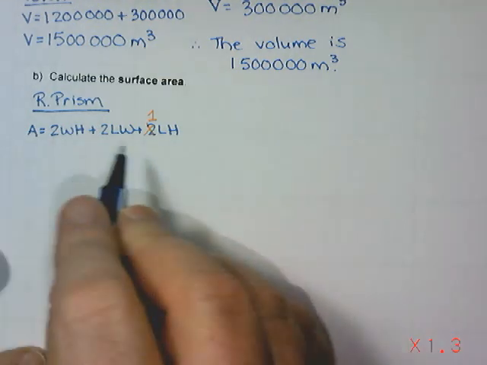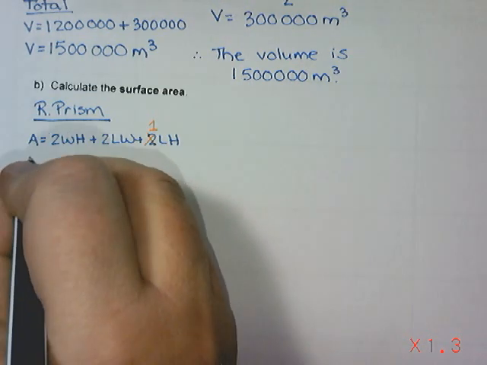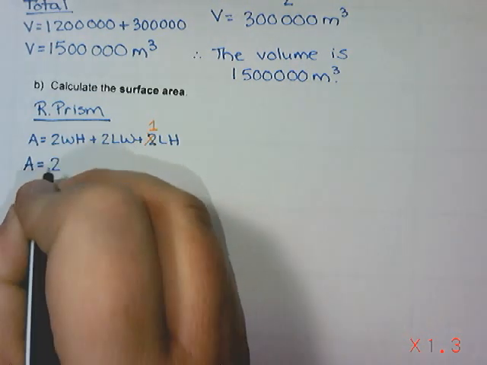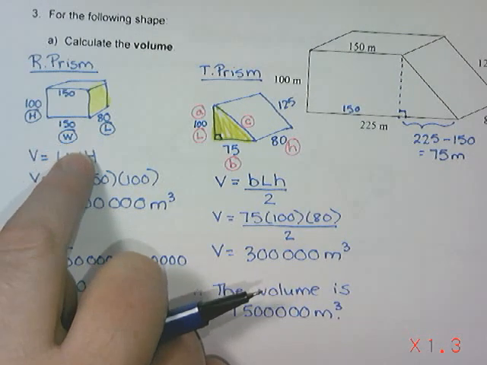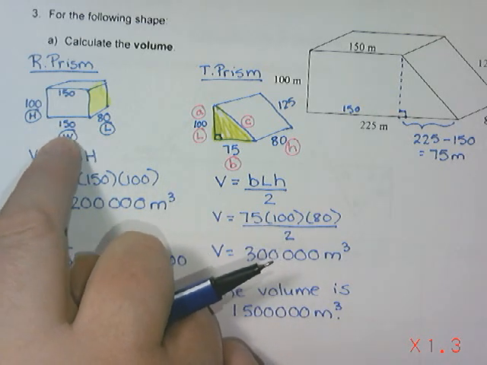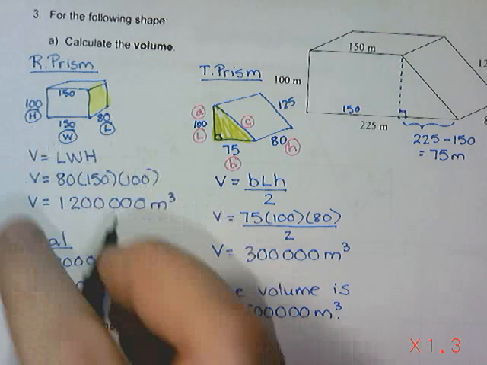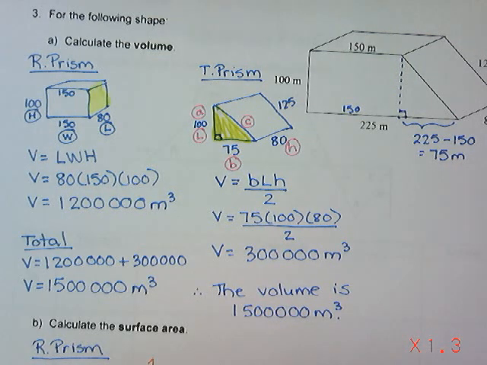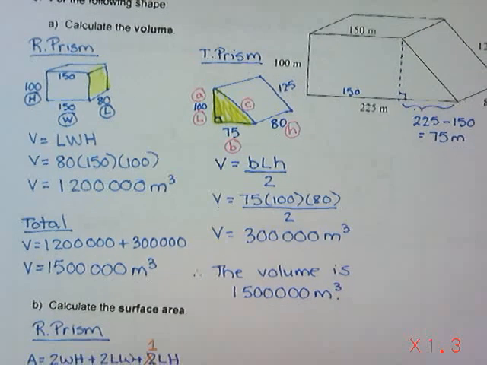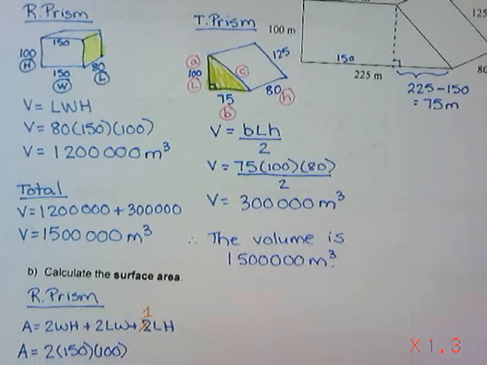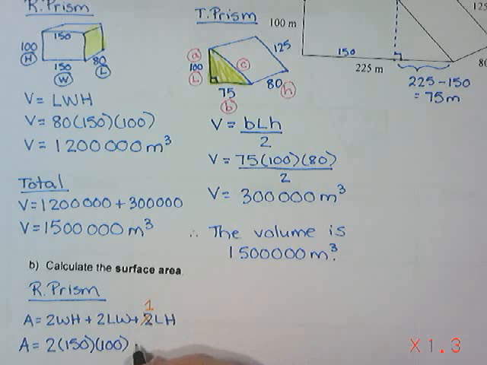Okay, so I'm going to take the dimensions that we have, and I am going to reuse what we had labeled up here. So 2 width is 150, and the height is 100. I'll put that part back up in a second. I don't know if I can get them both on there. We'll see. And then I have 2 length width.